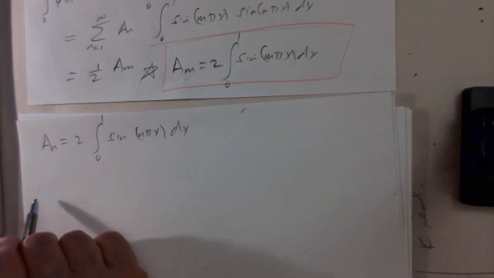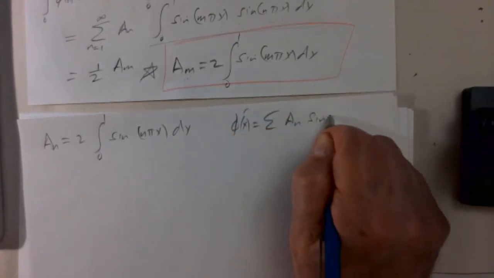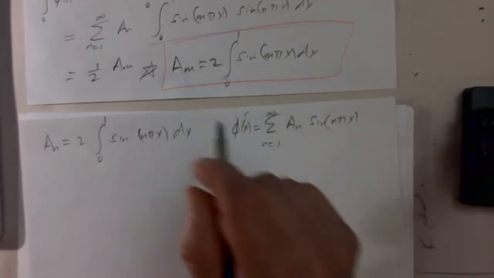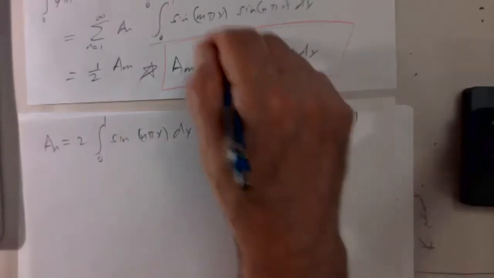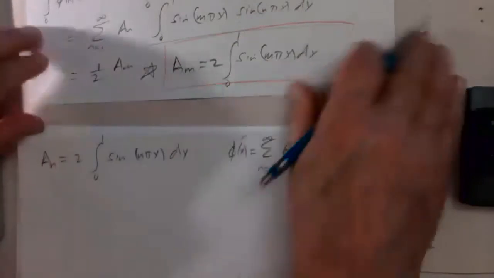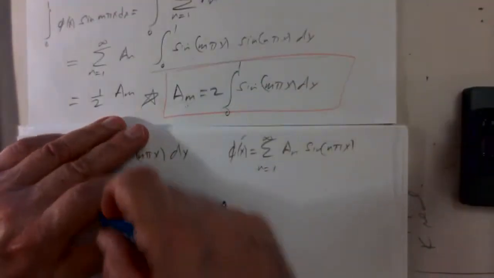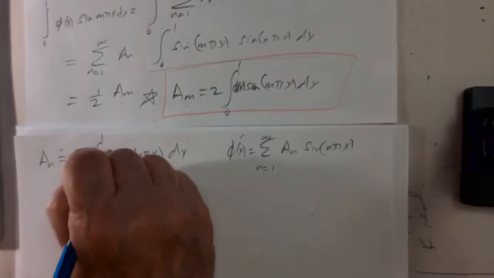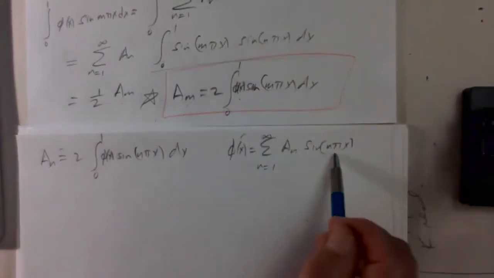So phi of x is the summation a_n sine of n pi x. It's this Fourier series. Oops, yeah, phi of x. I left out the phi. So a_n is the integral of phi of x times the sine of n pi x dx. That's what a_n is. So phi of x is this Fourier series.